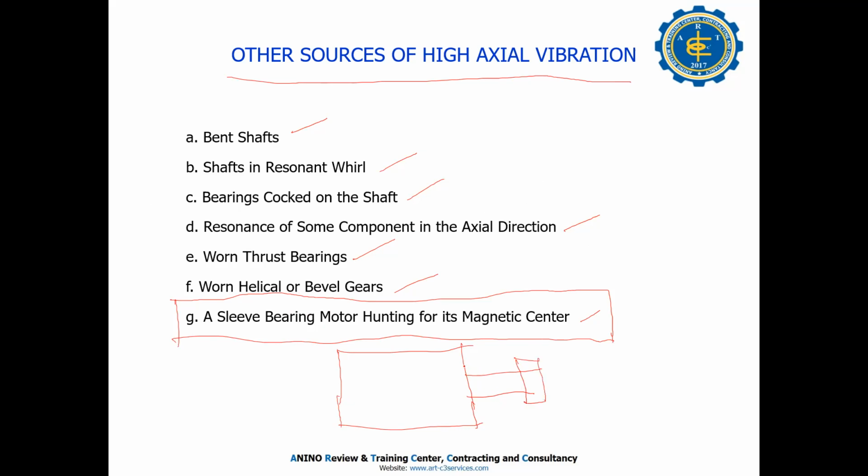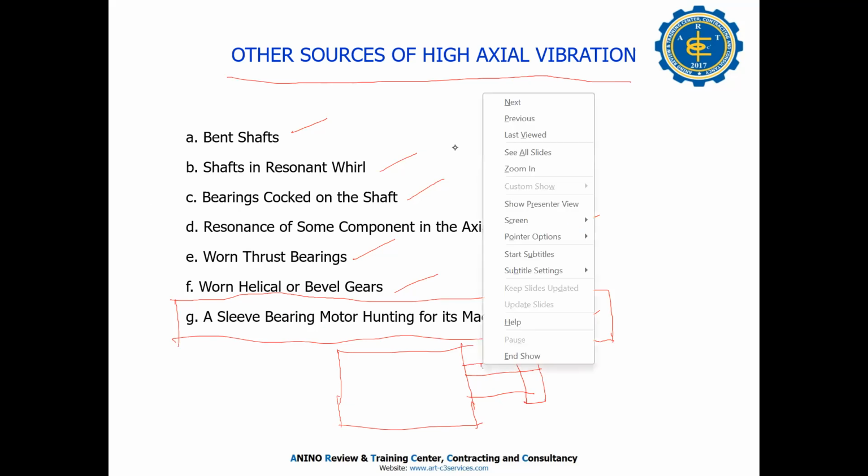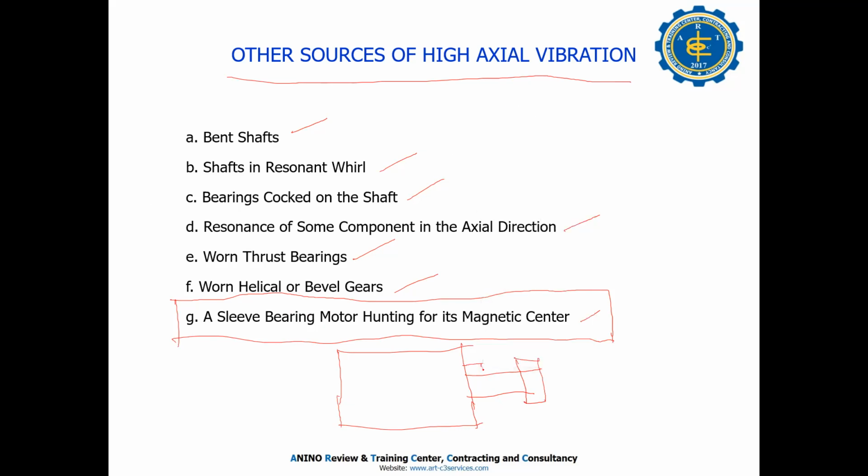There is a guide line here. Maybe you can go this Monday and check. There is a line here on the shaft. You must check when running that your magnetic center is pointed at this line. That is the magnetic center.